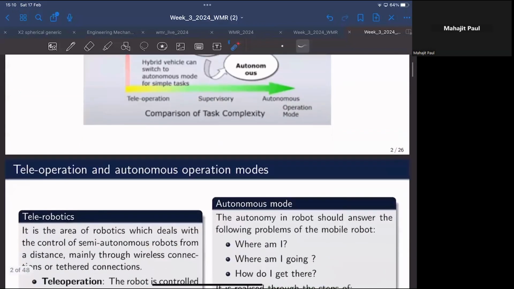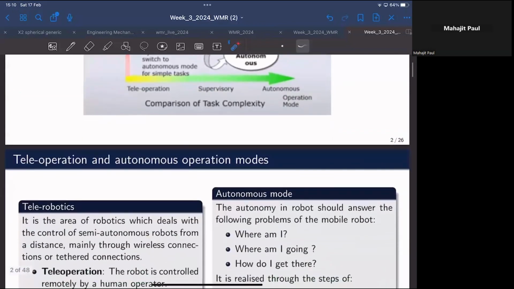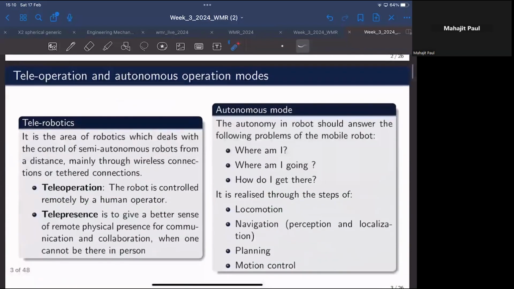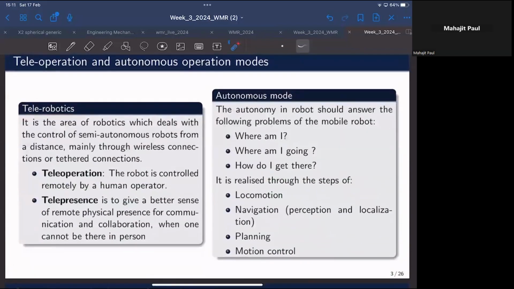Right. So moving on, we will discuss the key differences between teleoperation and autonomous modes of operation, just like what we have seen in the previous lecture. Telerobotics, here on your right hand side, is the area of robotics which deals with the control of semi-autonomous robots from a distance, mainly through wireless connections or tethered connections.